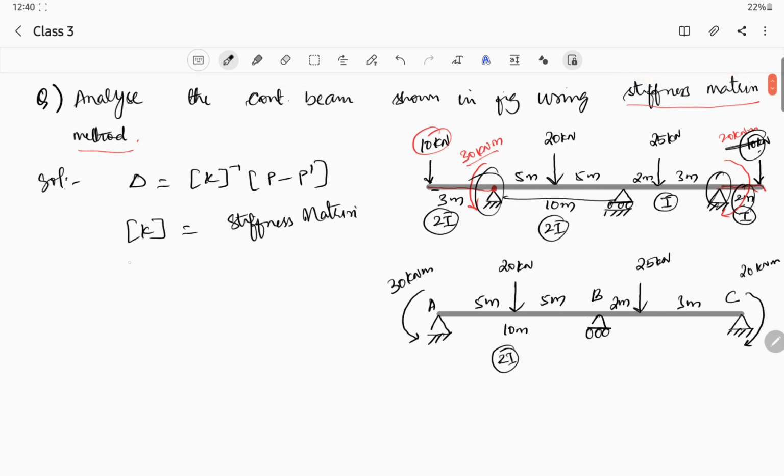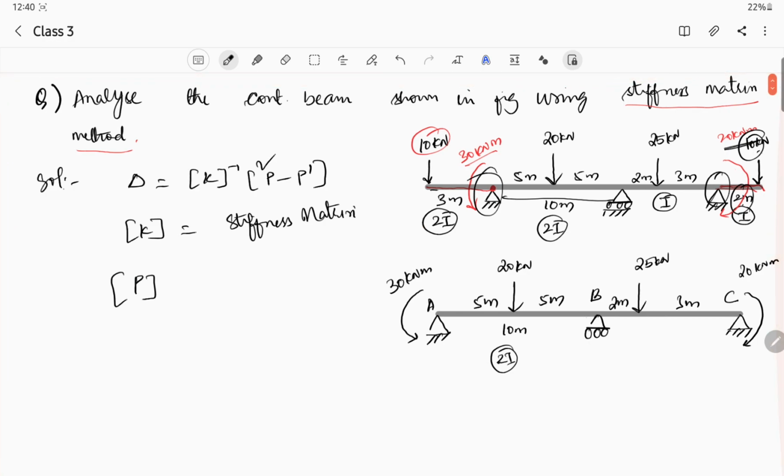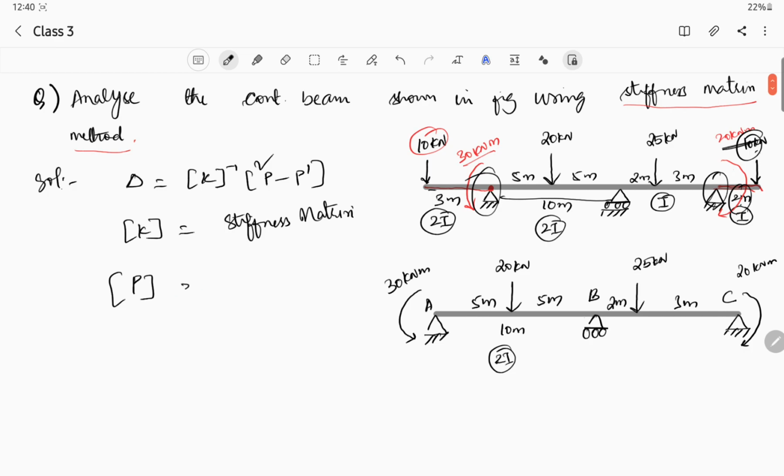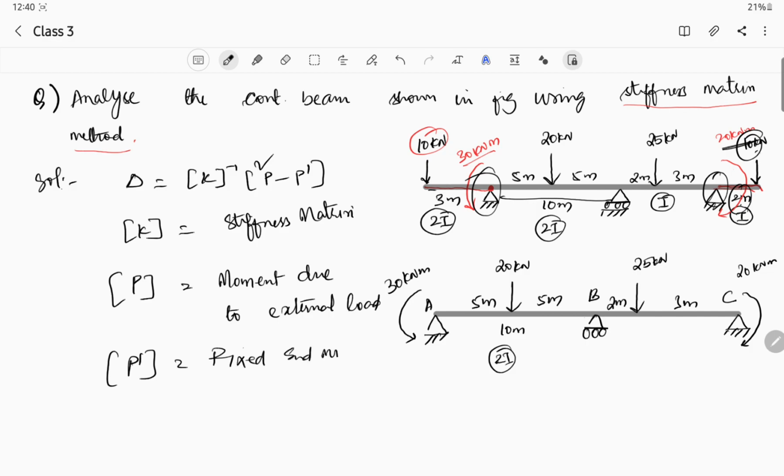K is the stiffness matrix, and this P is the moment due to external load, and P dash is nothing but fixed end moments.